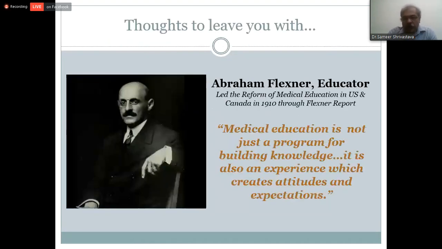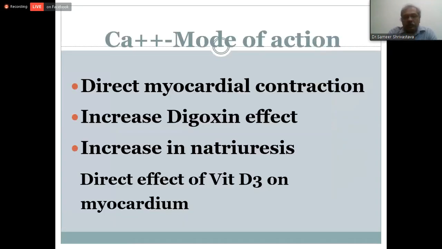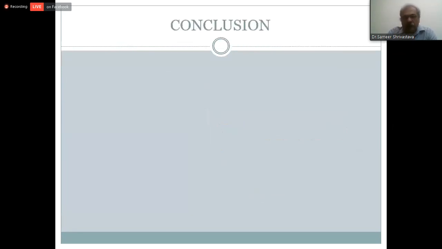I'm not going into the mode of action, but I'll leave you with this and leave things for discussion more than anything else, that calcium has a mode of action which is direct myocardial contraction, increased digoxin effect, increased natriuresis, and direct effect of vitamin D on myocardium.